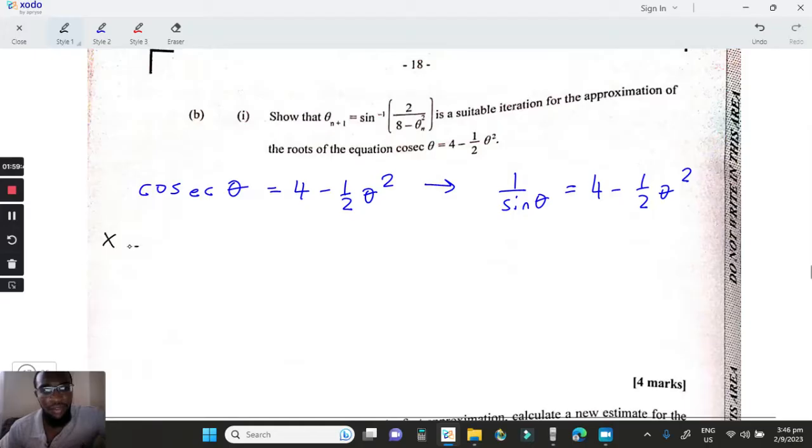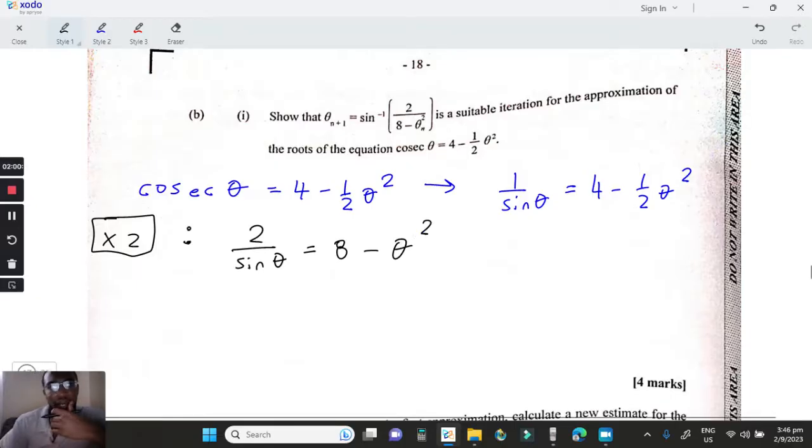So if we multiply through the equation by 2, it becomes 2 over sine theta is equal to 8 minus theta squared. All right, now we're trying to make theta the subject. This theta, we're trying to make the subject. Are we? No, the other theta.